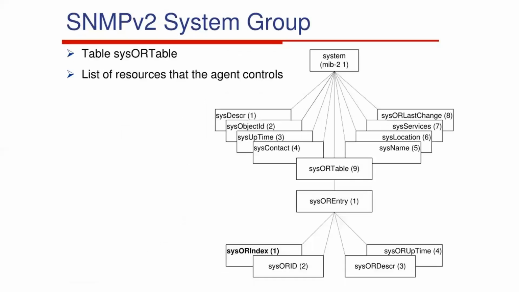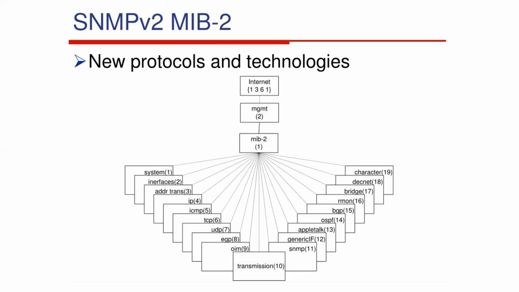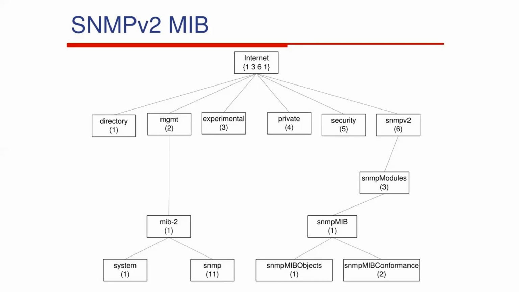Then the MIB continuation, the last one. A new module of SNMP MIB has been defined, which has 2 modules: SNMP MIB objects and SNMP MIB conformance. These are the last two subclassifications in that SNMP MIB, right?